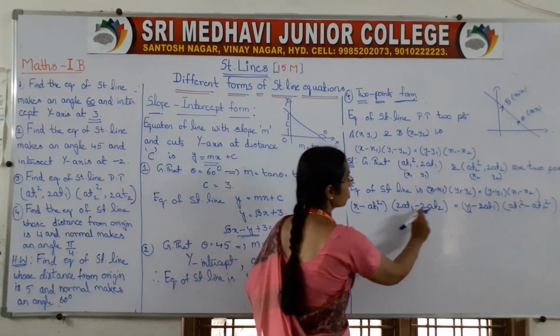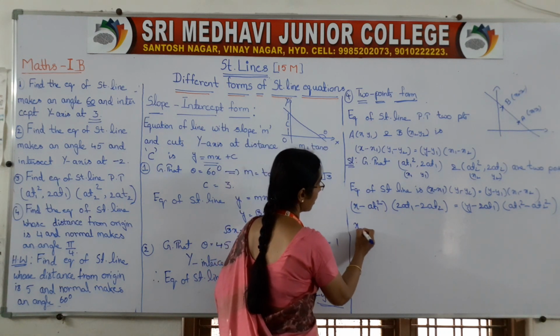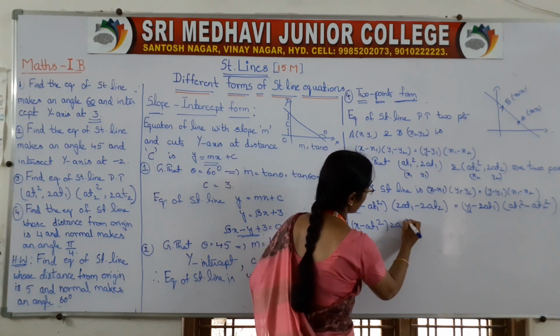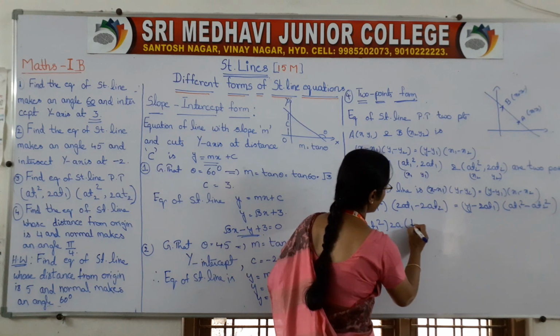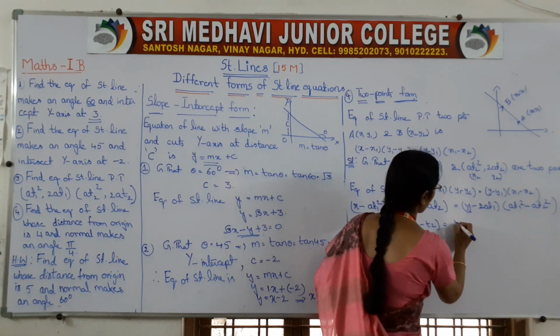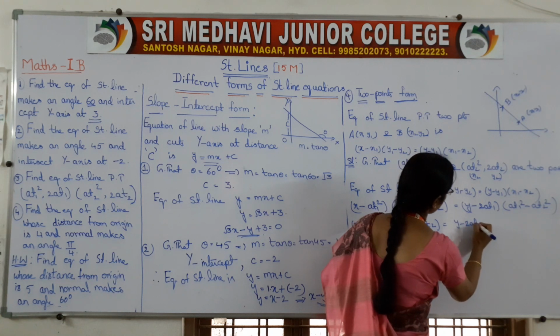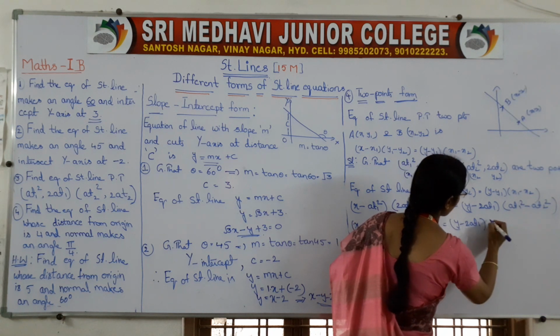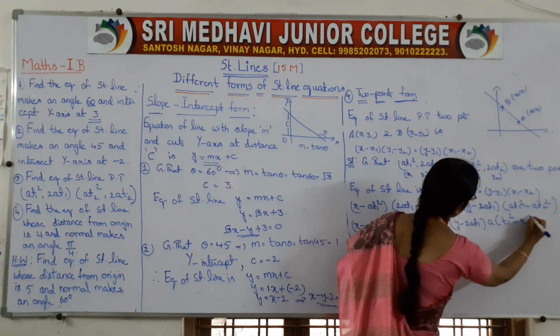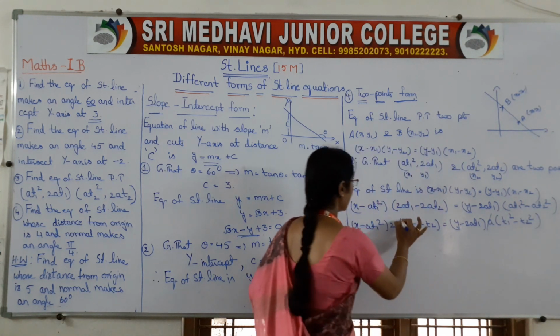So from these two, 2a can be taken common. x minus at1 square, take 2a common and write t1 minus t2, and here y minus 2at1 into, from these two we can take a common, it is t1 square minus t2 square.